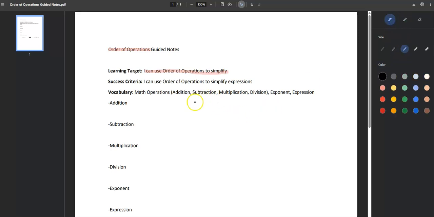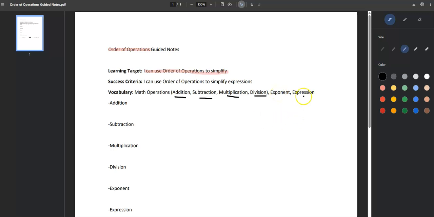Okay. So we have four basic mathematics operations: addition, subtraction, multiplication, and division. Underneath those we have a couple other vocab words that you need to make sure you know. An exponent is just repetitive multiplication.